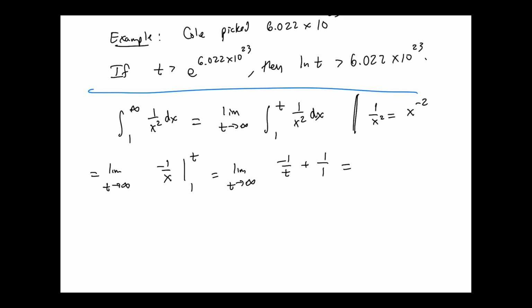If I'm dividing by gargantuan quantities, what's 1 divided by a gargantuan number? It'd be really tiny, right? So as t goes to infinity, what's 1 over t do? It goes to 0, right? And so this limit approaches 1.